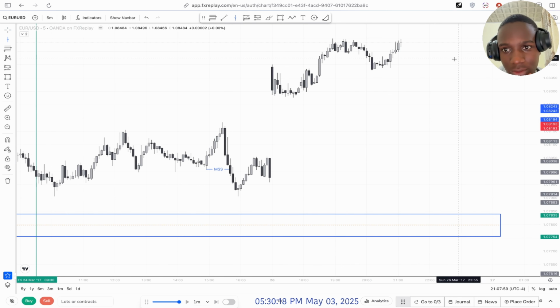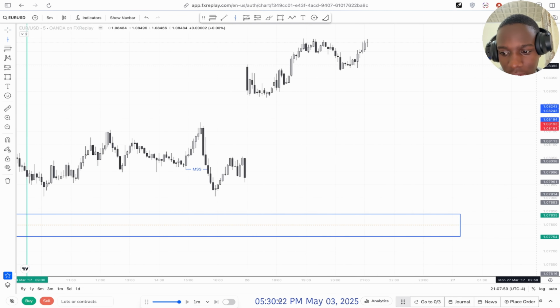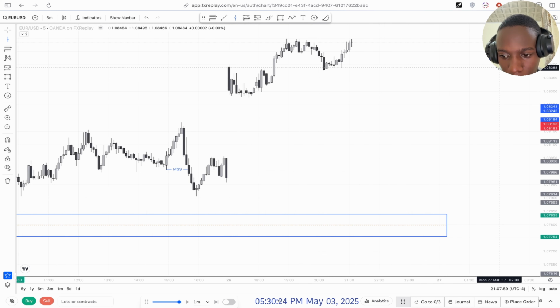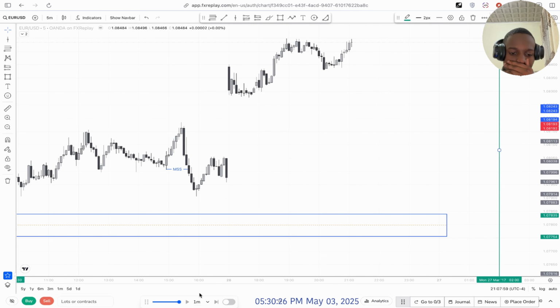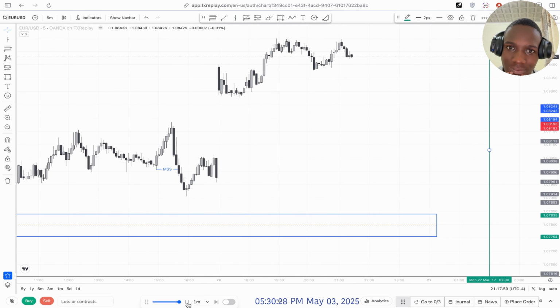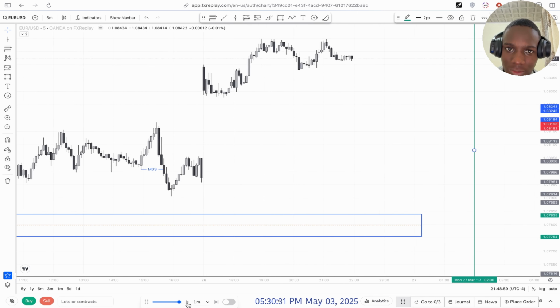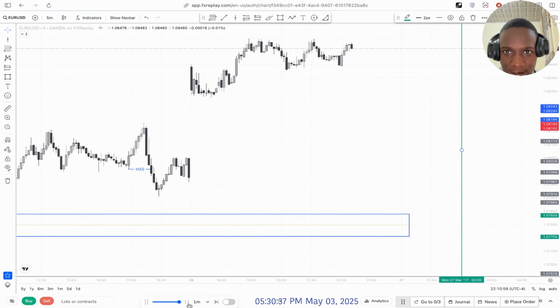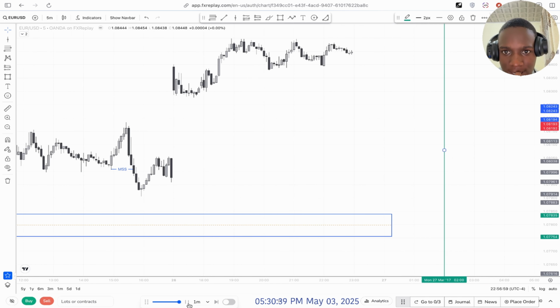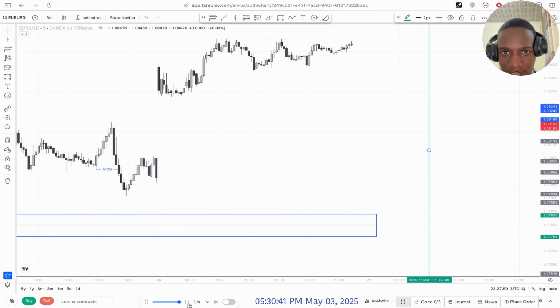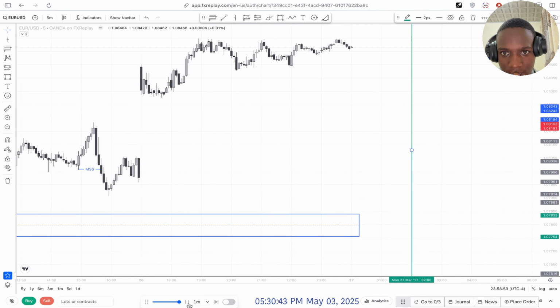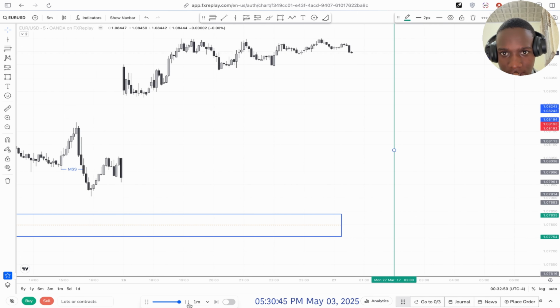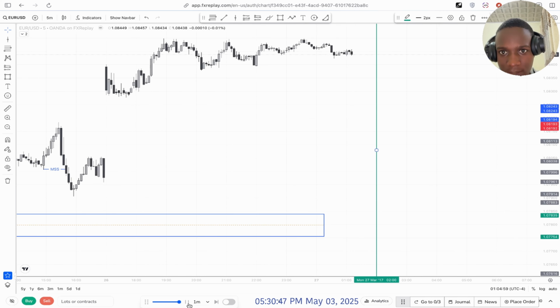Might expect it to start to drop by the start of Monday, maybe at 2. So we've got liquidity generated right here, equal highs. Markets ranging.